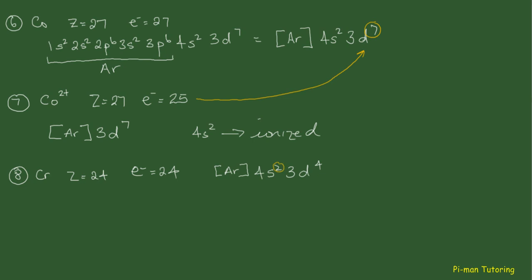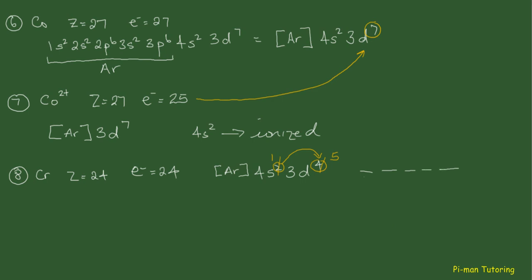In fact, one of these electrons from the s level goes into the d level to change this to a 1 and this to a 5. And why does that happen? Well, if you remember, the d level has 5 degenerate orbitals in it.